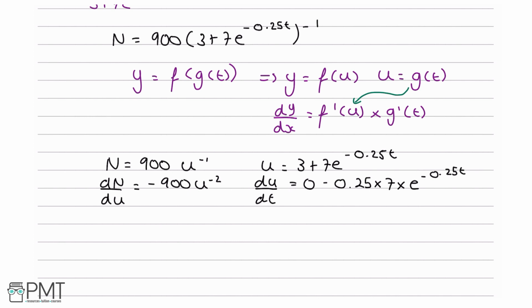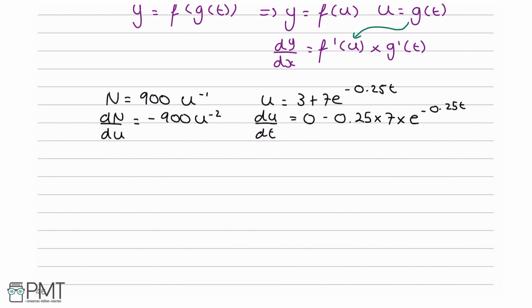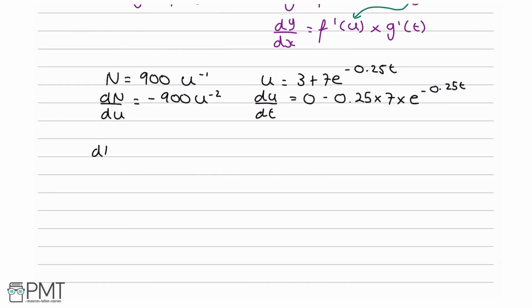So from here, dn by dt equals minus 900 times minus 0.25 times the rest, so it's going to be 900 times 0.25 times 7e to the minus 0.25t times u to the minus 2.